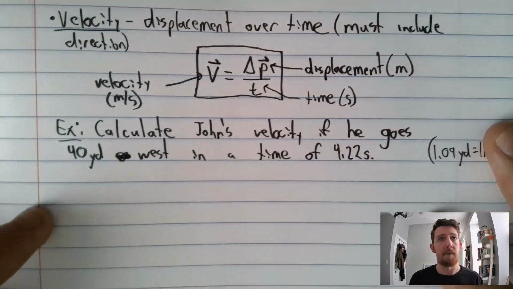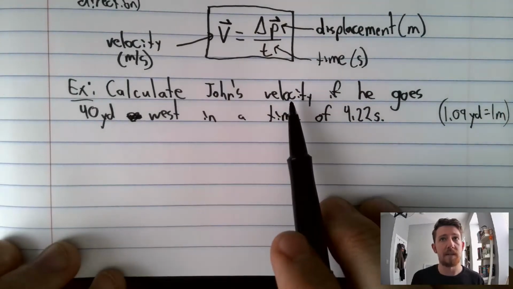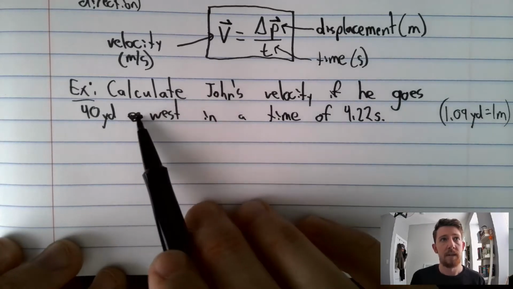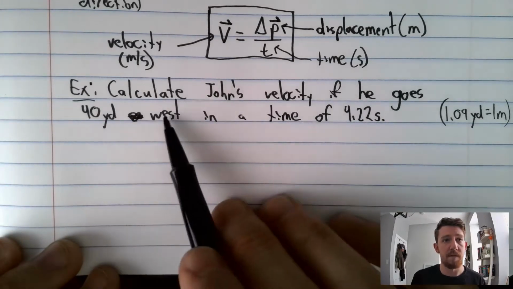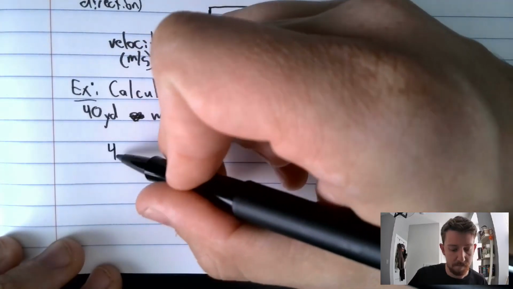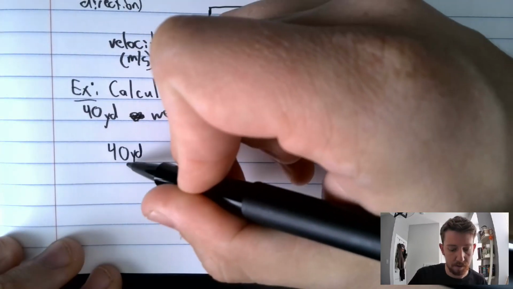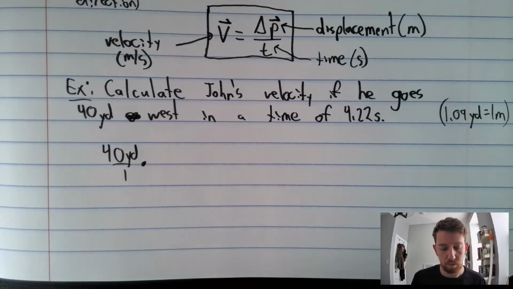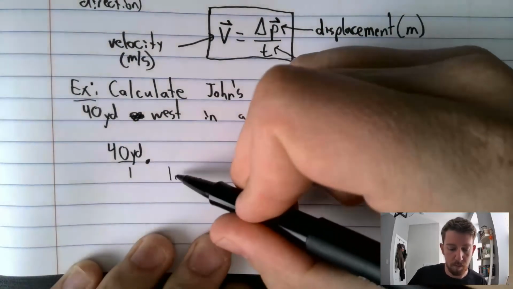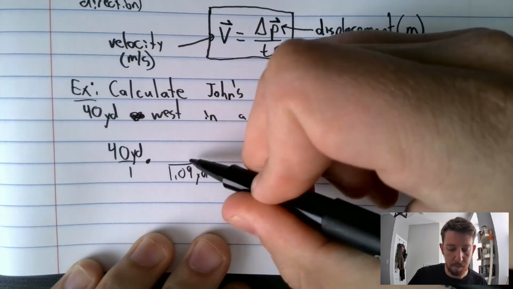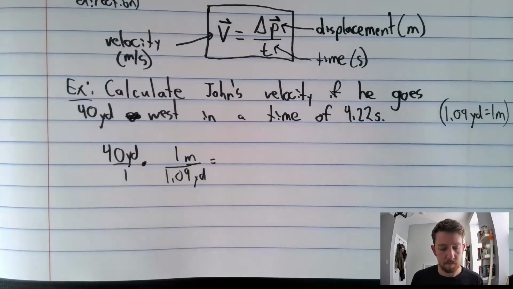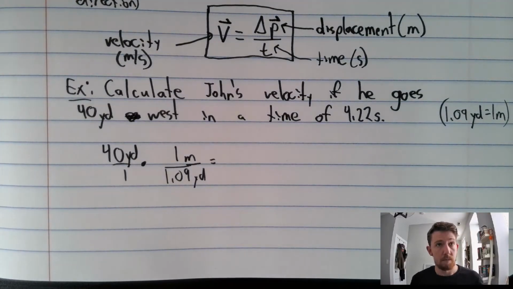All right, back to the problem. So we're trying to get John's velocity. He's going 40 yards west. That's going to be our displacement, but let's convert it first. 40 yards, we'll do 1.09 yards on bottom, 1 meter on top. So we'll divide by 1.09.